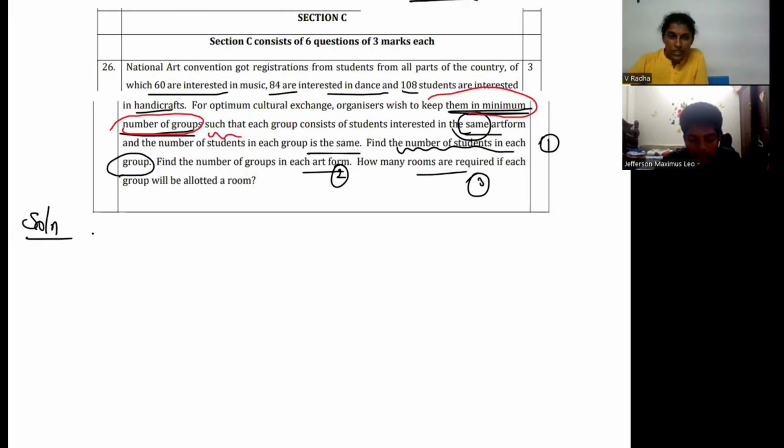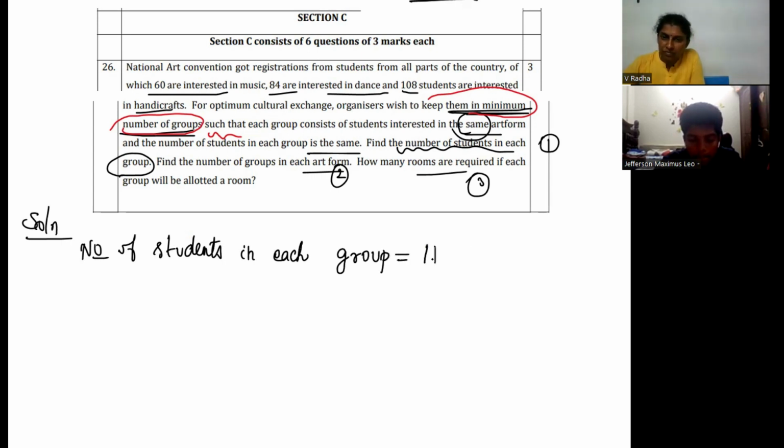Number of students in each group is the HCF of 60, 84 and 108. Calculate and tell me. Okay, ma'am.